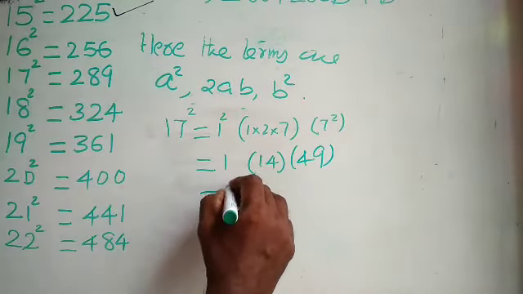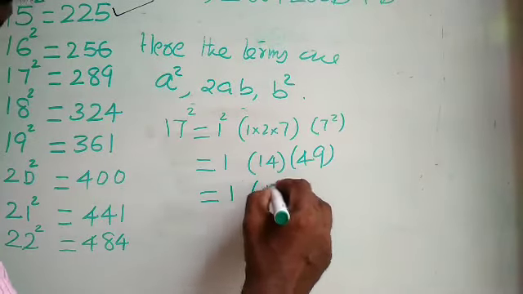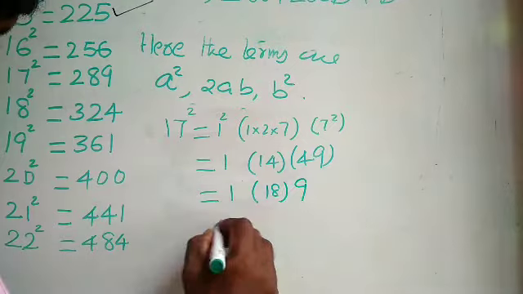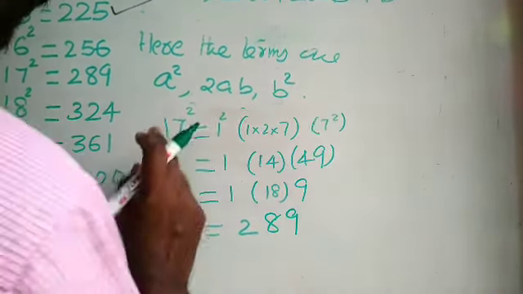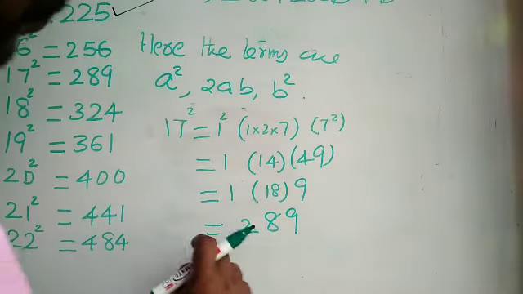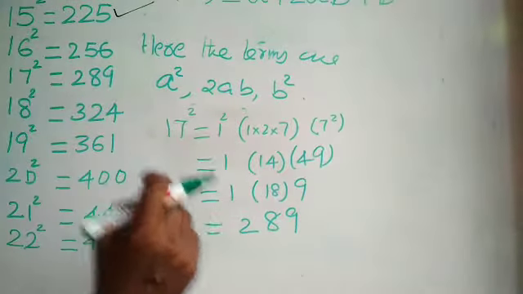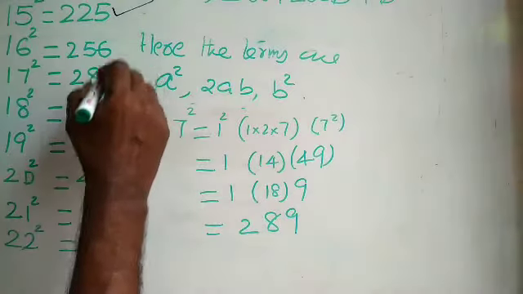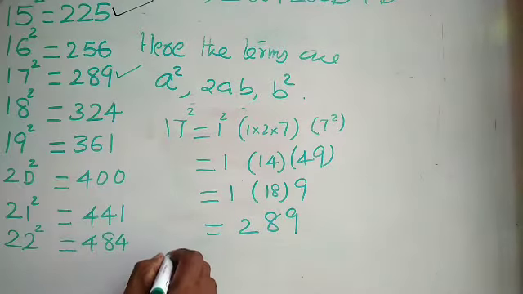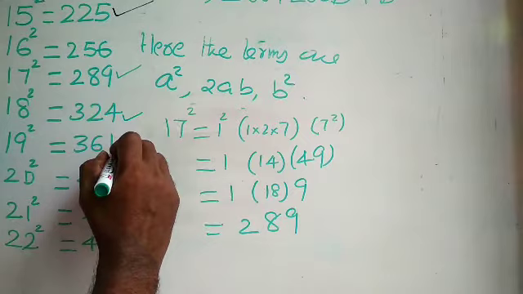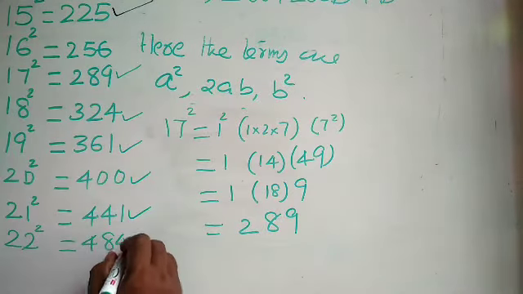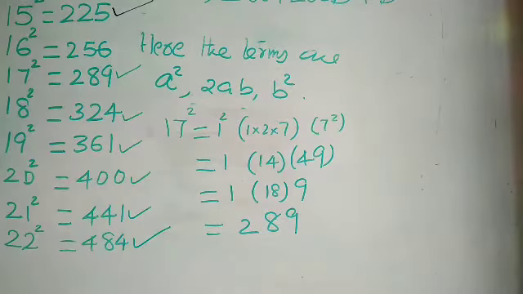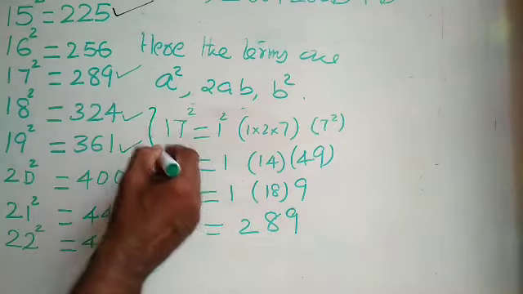As we did earlier, it becomes 1, 8, 9. Next it is 2, 8, 9. So 17 square equals 289. You got it now. Try 18 square, 19 square, 20 square, 21 square, 22 square. It is 484. So it is left for you to do.